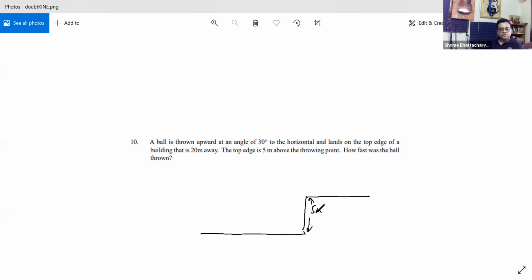So this is 5 meters. And the throwing point is 20 meters away. So if we project at an angle theta equal to 30 degrees, the trajectory should be something like this. Okay, the diagram is making sense.